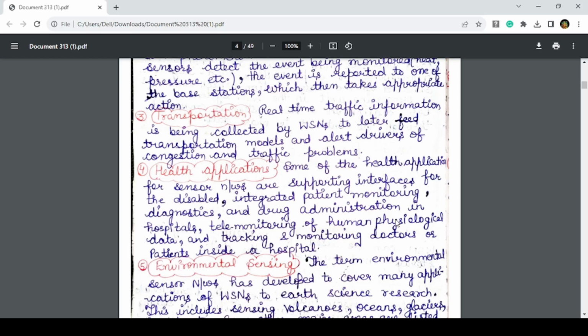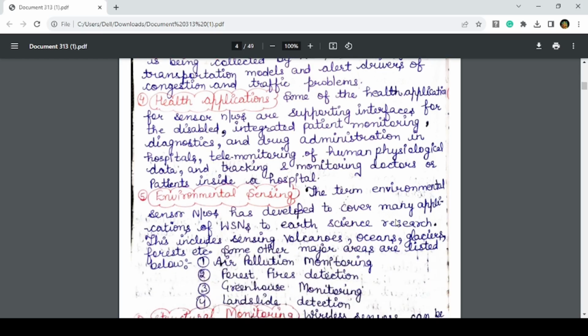They support interfaces for the disabled, integrated patient monitoring, diagnostics and drug administration in hospitals, telemonitoring of human physiological data, and tracking and monitoring doctors or patients inside a hospital.